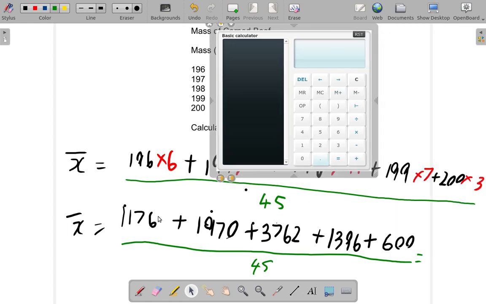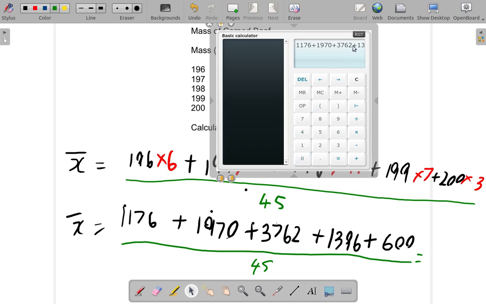So you add them up. 1176 plus 1970 plus 3762 plus 1393 plus 600.